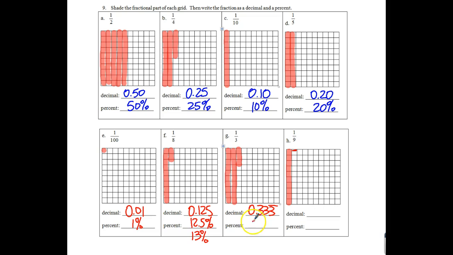So this was 33%. Okay, and this decimal is 0.1 repeating, which is like 1, 1, 1, 1, 1, which will be 11%. Okay, and these ones right here, these are rounded values.